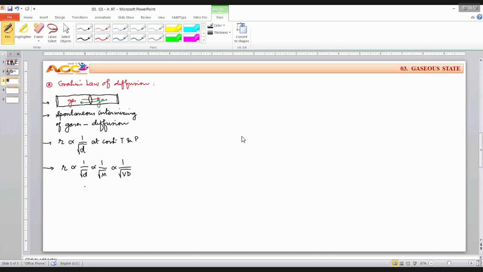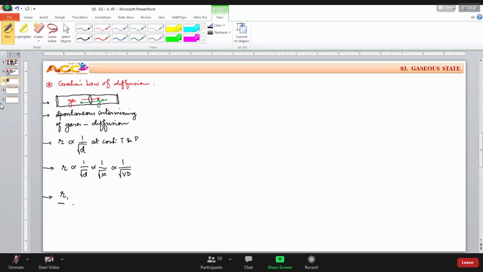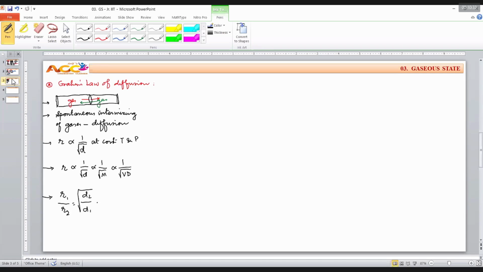Heaviness can be expressed in terms of any one of these properties. Suppose you have a mixture of gases, then the rate of diffusion of gas 1 to the rate of diffusion of gas 2 is equal to the square root of d2 by d1, inversely proportional to the square root of density, or molecular mass.